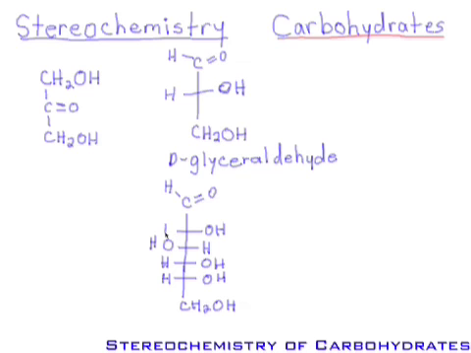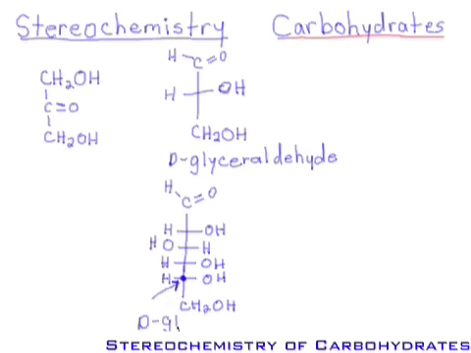Now we have OHs to the right and OHs to the left. What determines whether this is D or L? We localize the carbonyl at the top of the molecule as drawn in glyceraldehyde. When this is done, the chiral center furthest from the carbonyl determines whether the sugar is D. That is this chiral center. This chiral center right here determines whether you have a D sugar. And because it's to the right, this is D-glucose.